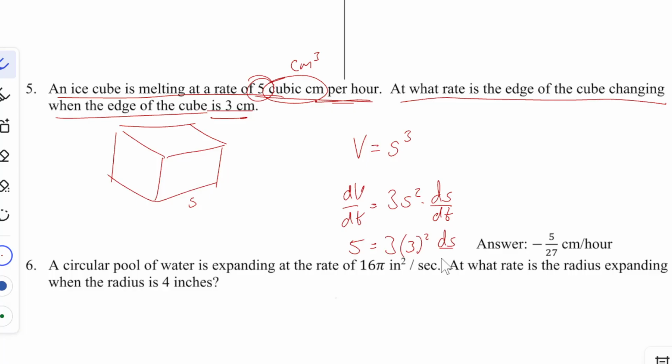Looking for ds/dt. So it looks like ds/dt equals 5 over 27. And I guess I should have looked at the sign. Since it's melting, that means it's decreasing at a rate of 5. Like the volume of the cube is decreasing, so I should have known this was going to be a negative. Which kind of makes sense because the side should be shrinking, so it should also be a negative.